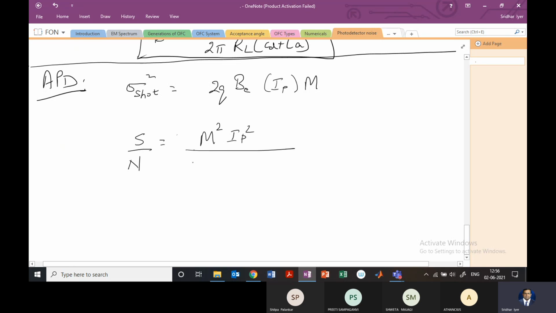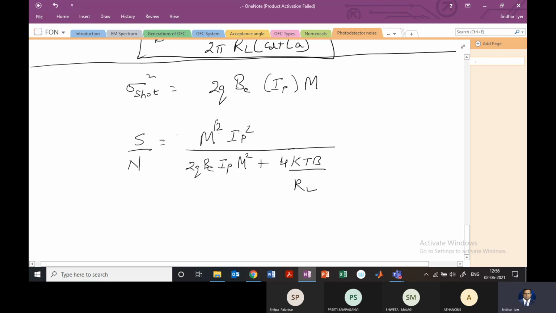In the denominator you are going to have the noises, which is 2q BE IP m, plus the thermal noise, which is 4kTB divided by R. Now what happens to this m value? It will have a square because of the numerator.